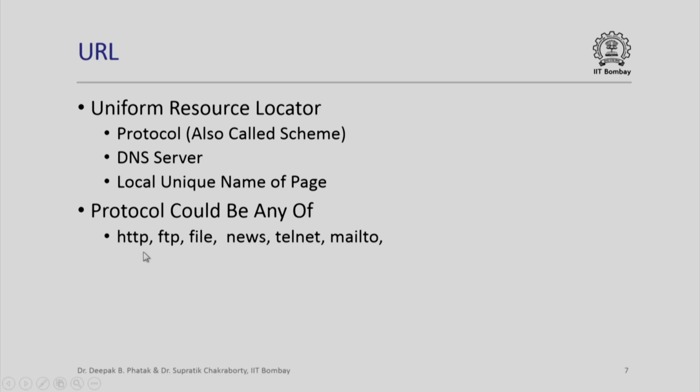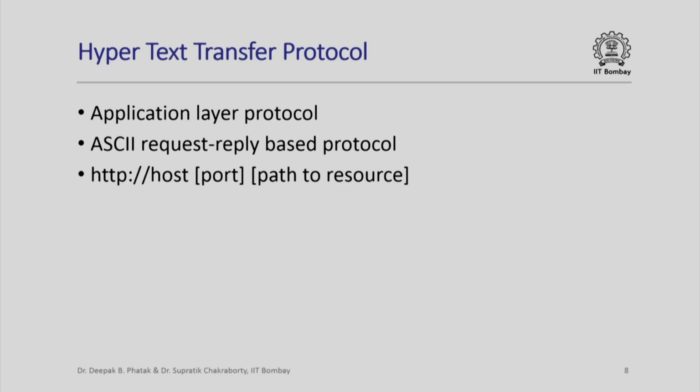URL, as you know, has to specify a protocol which is also called a scheme. It needs to specify a DNS server, and it needs to specify the unique name of the page. The protocol could be any one of HTTP, FTP, file, news, telnet, mailto, as I mentioned some time ago.